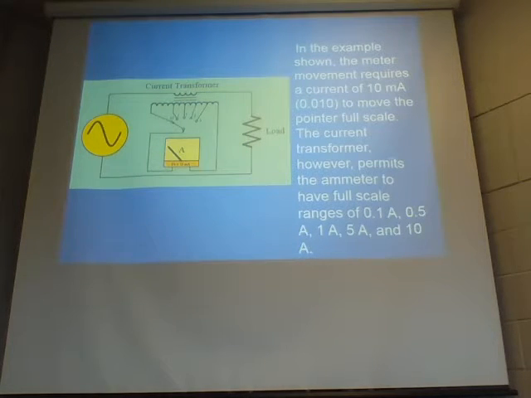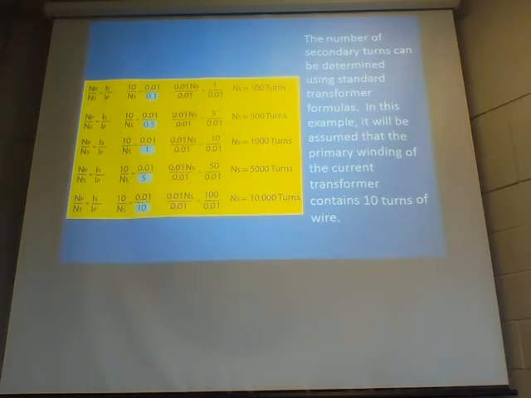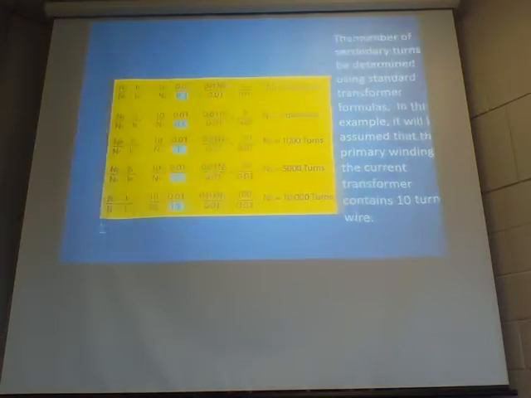The current transformer, however, permits the ammeter to have full-scale ranges of 0.1 amps, 0.5 amps, 1 amp, 5 amps, and 10 amps. And again, you can use the formulas to calculate the number of turns at each one of those settings on that ammeter.